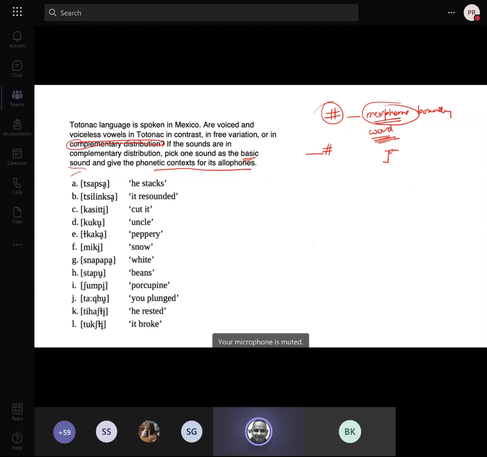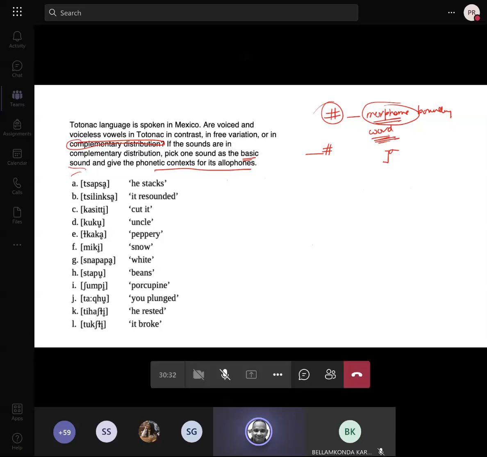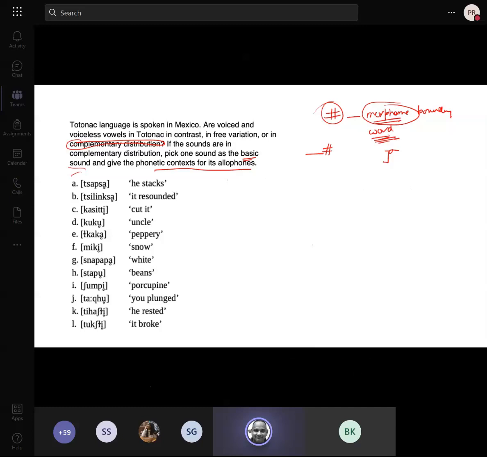In phonology, it is all about sampling a small amount of data and arriving at bigger conclusions about a larger set of data, right? The whole idea is that these are theoretical areas. So if you do a small experiment on a small amount of data and make a conclusion, that should be applicable to a larger set of data.